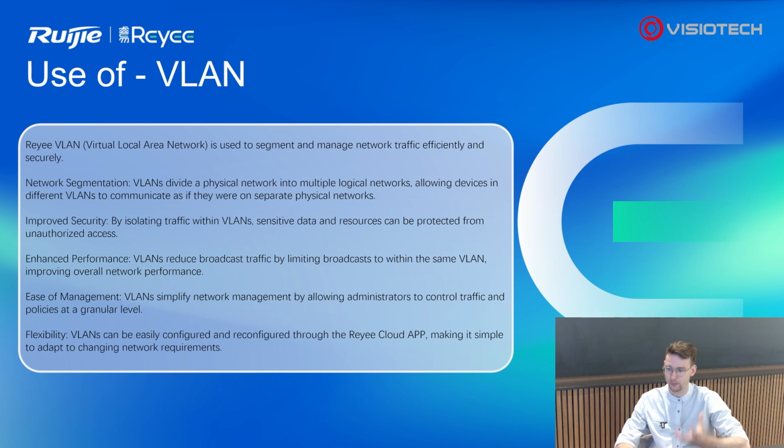It's something to manage your network traffic efficiently and also securely, which obviously is an important point. You can divide a physical network into multiple logical networks. You can separate them and isolate them. By isolating your networks, you can improve your security, which is quite important, especially in a captive portal or in a Wi-Fi situation where you let, for example, a hotel guest access your network.